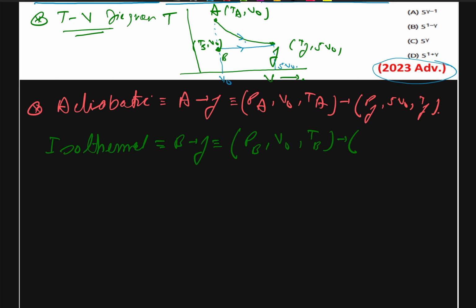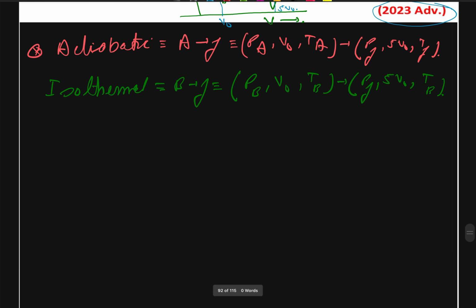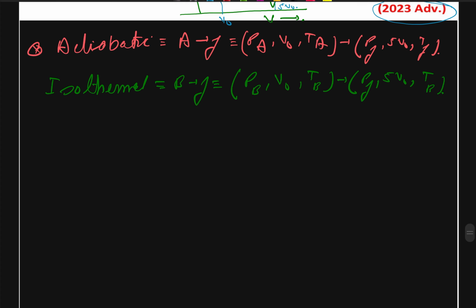Final pressure is our PF, volume is our 5 V naught and temperature is our TB because it is isothermal. Okay. Now we can find out the relationship.